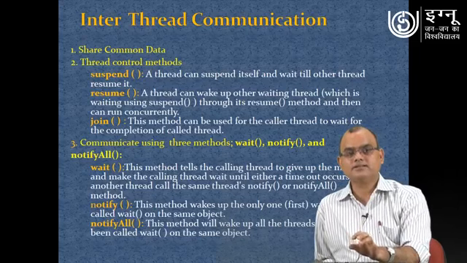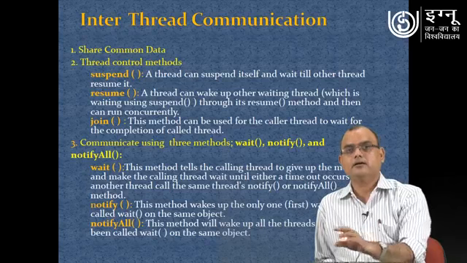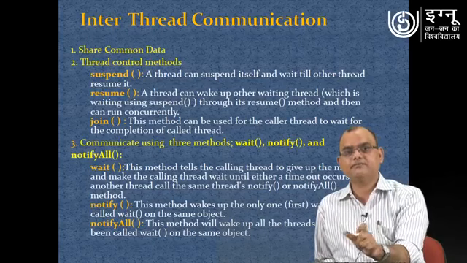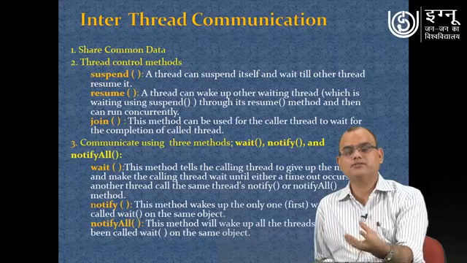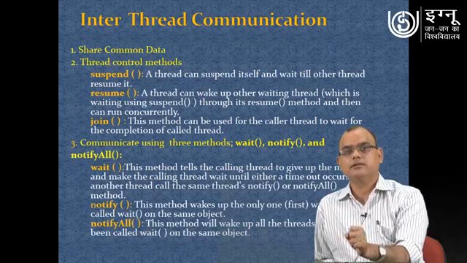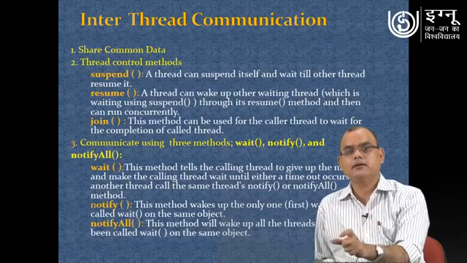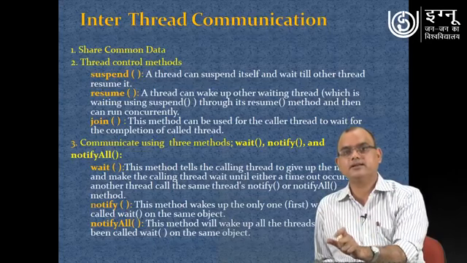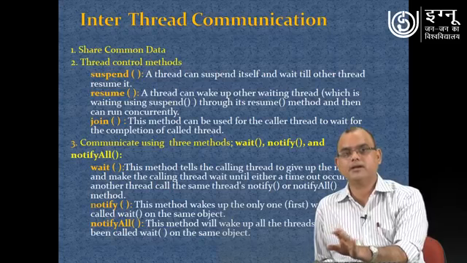Next is communicating between the threads using the wait and notify methods. If you want to put a particular thread on wait, you can apply the wait method, and then if you want to bring that thread out of the wait state and make it ready, you can notify it or notify all.